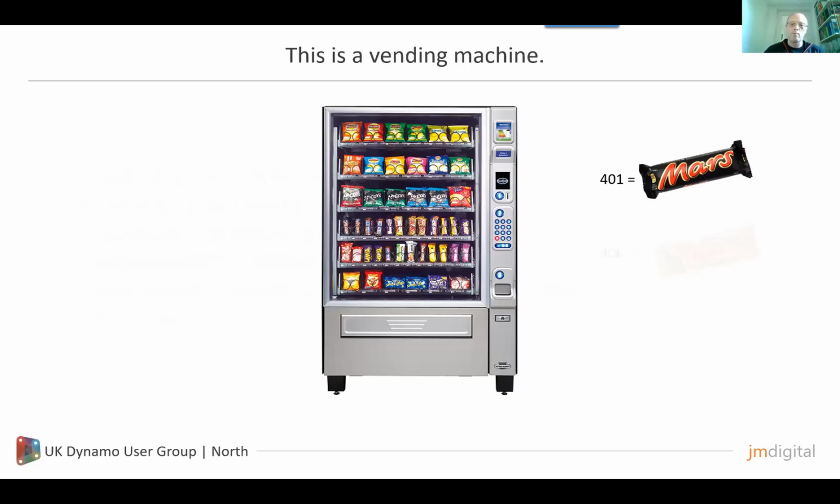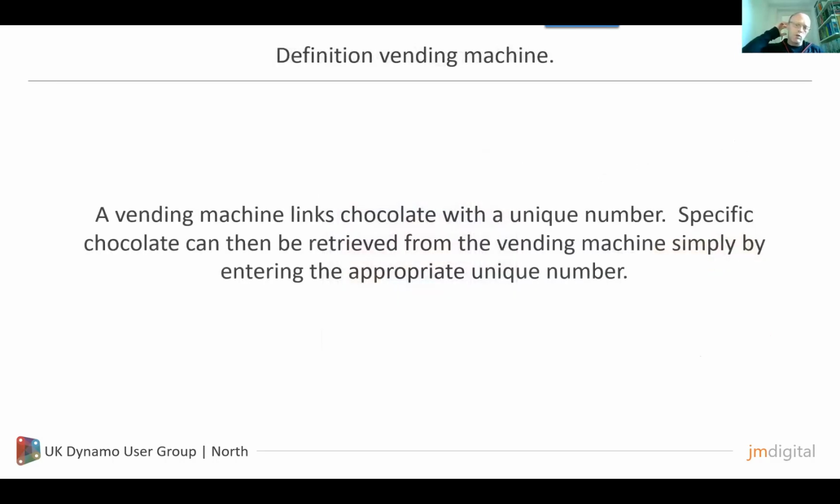If I put in 406, it will dispense me a Twix. If I put in 412, it will dispense me a Twirl. So if I was going to write a definition of that, a vending machine links the chocolate with a unique number. Specific chocolate can then be retrieved from the vending machine simply by entering the appropriate unique number.